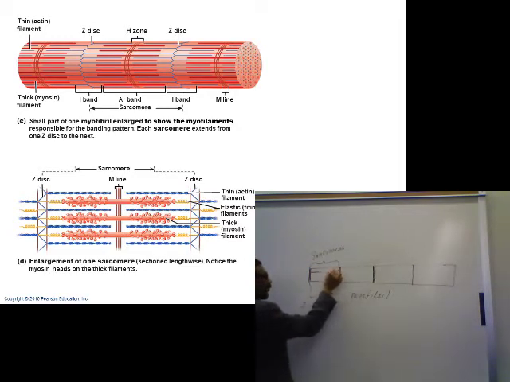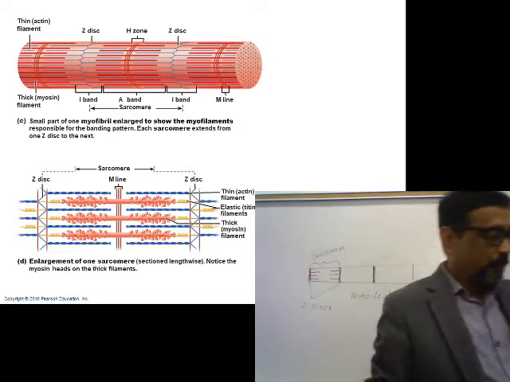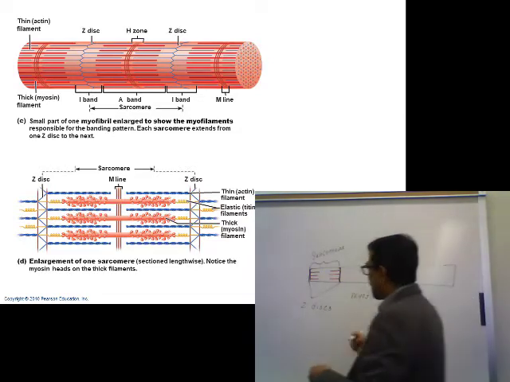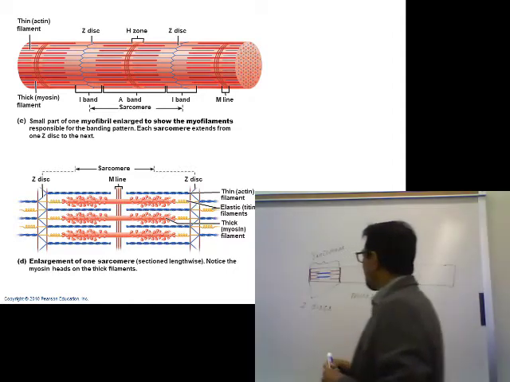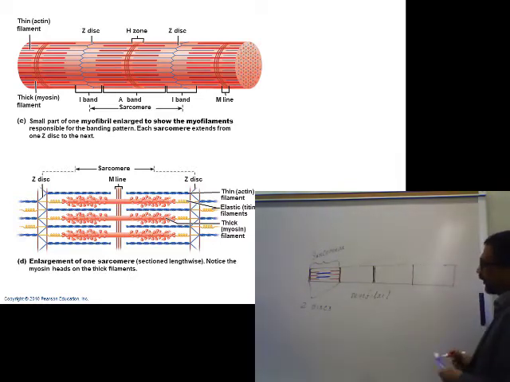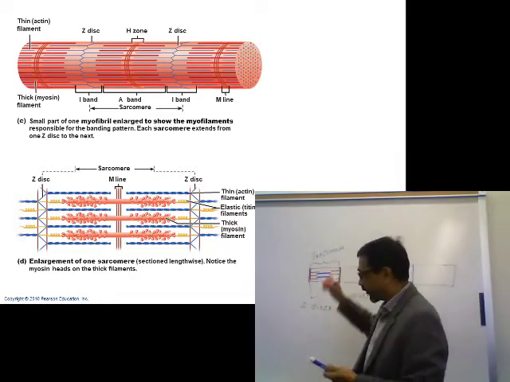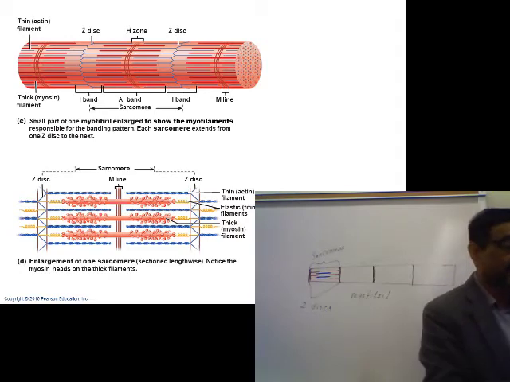Two types of protein filaments are present inside the sarcomere: one is called the thick filament and the other is called the thin filament. So, thick and thin filaments, two types of filaments inside the sarcomere.